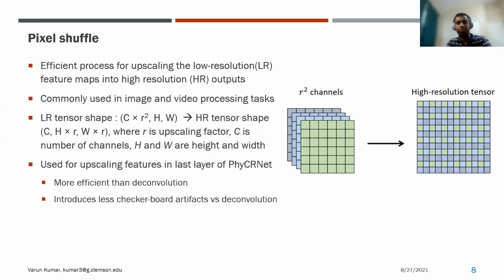They are using an upscaling factor R, which they multiply to get higher resolution outputs. And the authors claim that this method is more efficient than deconvolution, which is generally required when you use convolution networks. It also introduces fewer checkerboard artifacts as compared to deconvolution.